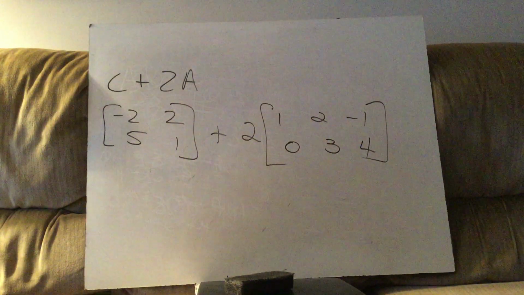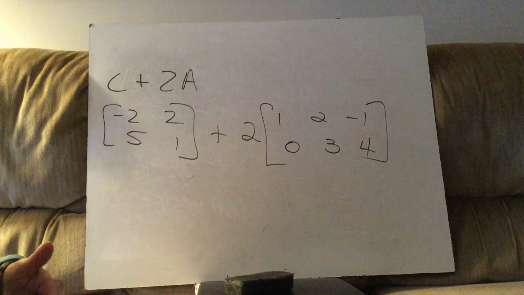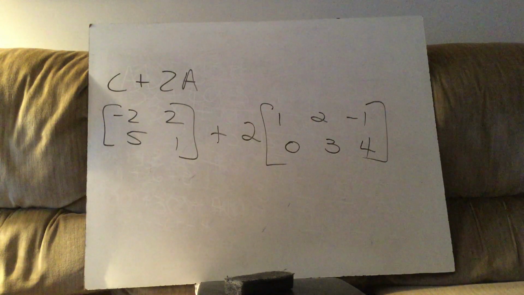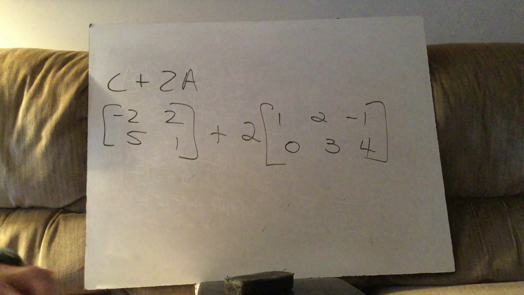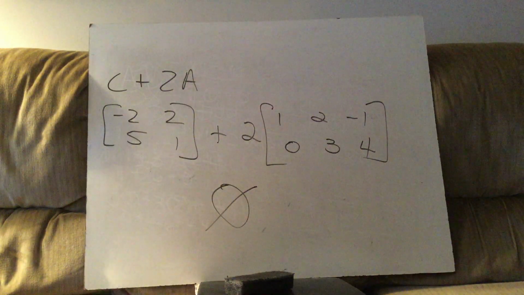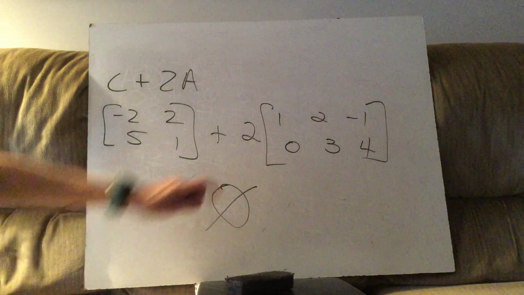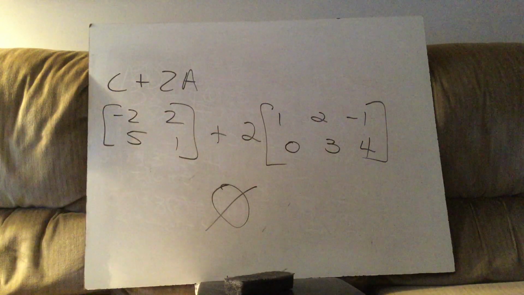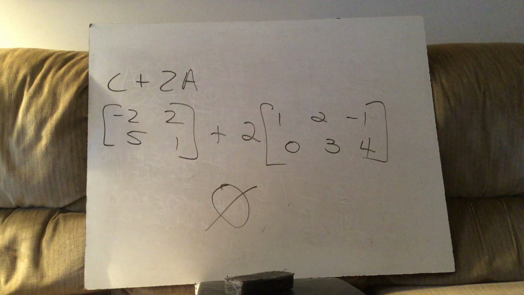And we're going to add those together. Now, hopefully, you have recognized that that is not possible. That is not possible because if you are going to add matrices, they must be exactly the same size.